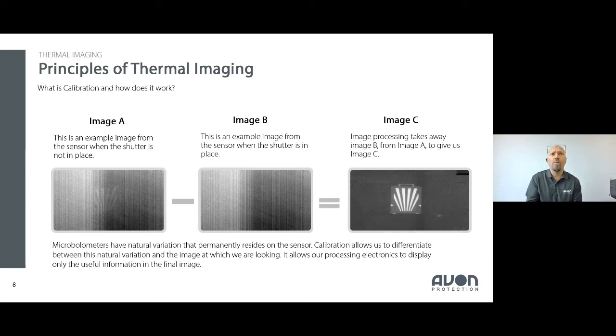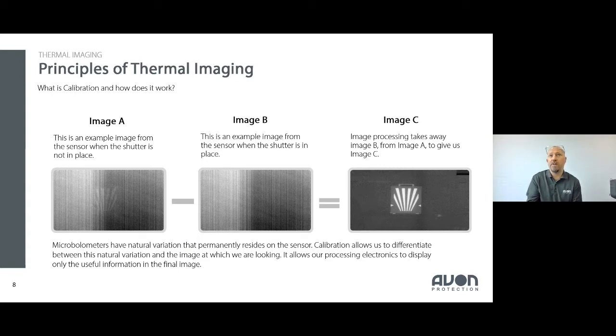And then what we do is we take one image from the other to derive image C, which is basically image A less the granularity image B, to give you the image in the scene without the granularity of the sensor. So there you get a very clean image.